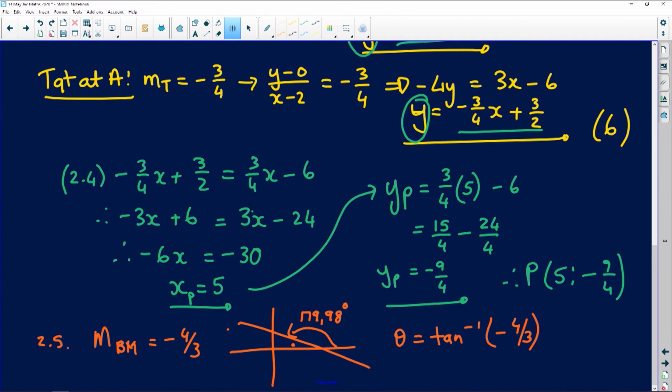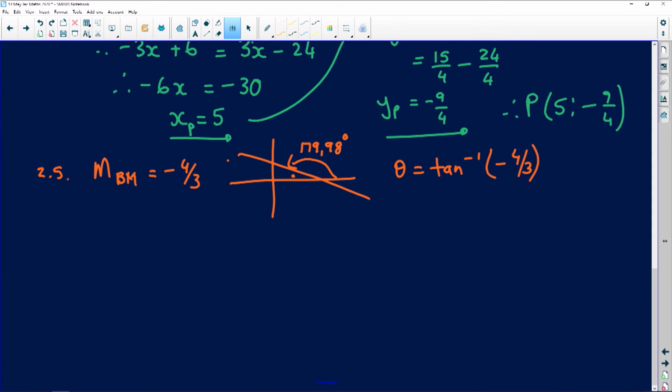Now I've got that ugly angle over there. If I now subtract the little 180 from that, it gives me my dot. So let's just call that dot alpha for now. Alpha will be 0.02 degrees.